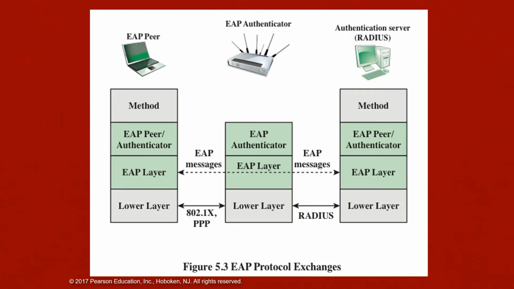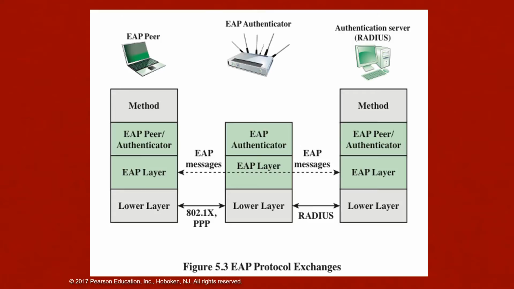EAP messages may include the following fields. Code identifies the type of EAP message. The codes are request, response, success, and failure. Identifier used to match responses with requests. Length indicates the length in octets of the EAP message, including the code, identifier, length, and data fields.